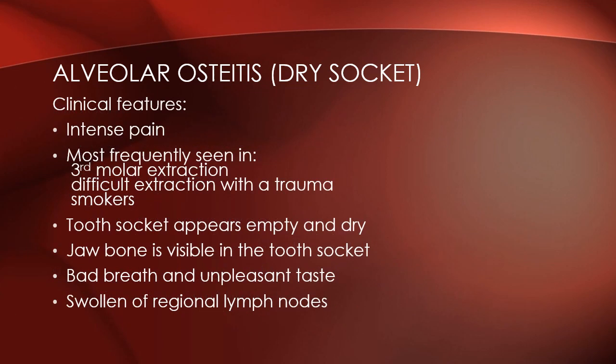And the clinical features: it occurs most frequently in third molar extraction, in difficult extraction with trauma, and in smoker patients. There is intense pain, the tooth socket appears empty and dry, the jawbone is visible in the tooth socket, with bad breath and unpleasant taste, and swollen regional lymph nodes.